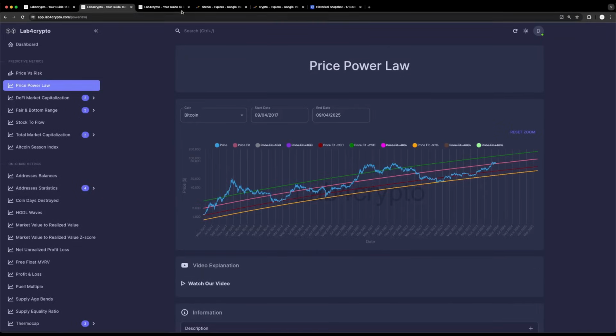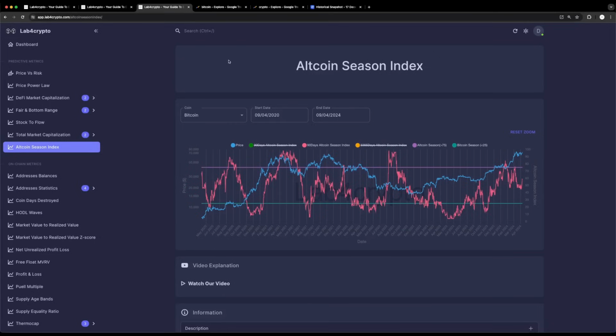If we now move to the altcoin season, I wanted to show you something. If you are not going to accumulate Bitcoin, which is, I think, one of the most important and safest assets in general, and you're planning to only enter the market in the bull run, you need to be aware that most of the altcoins that you are going to accumulate are not going to exist even in the next bull cycle.